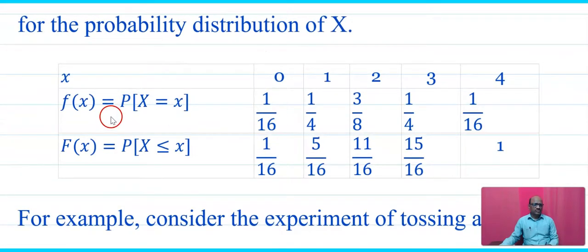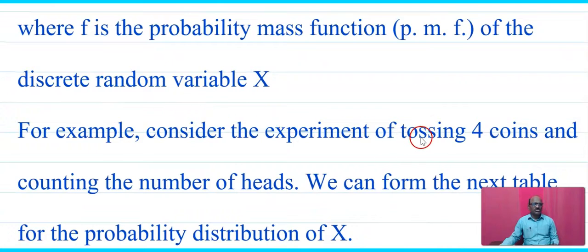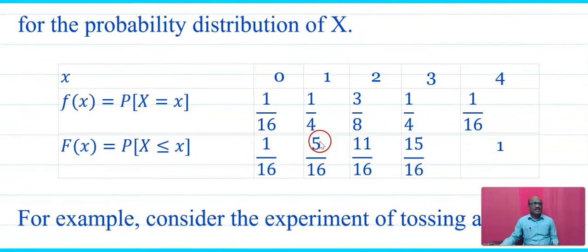X is equal to, now the coin is tossed 4 times, therefore there are 5 values: 0 heads, 1 head, 2 heads, 3 heads and 4 heads. Then its probability. If 0 heads, then 1 upon 16. Next, 1 head, 1 by 4, 2 heads, 3 by 8, 3 heads, 1 by 4 and 4 heads, that is 1 by 16.